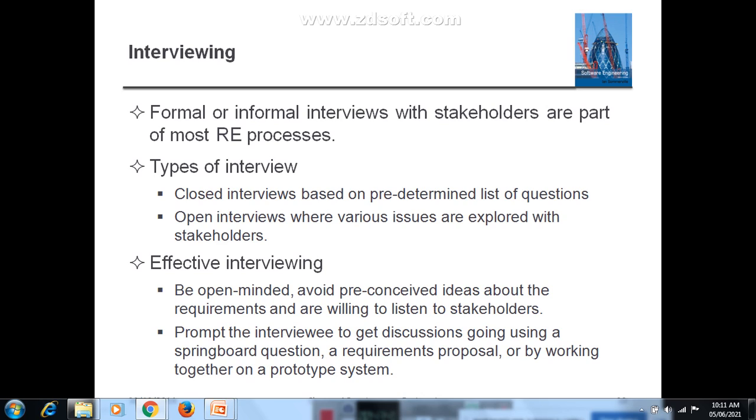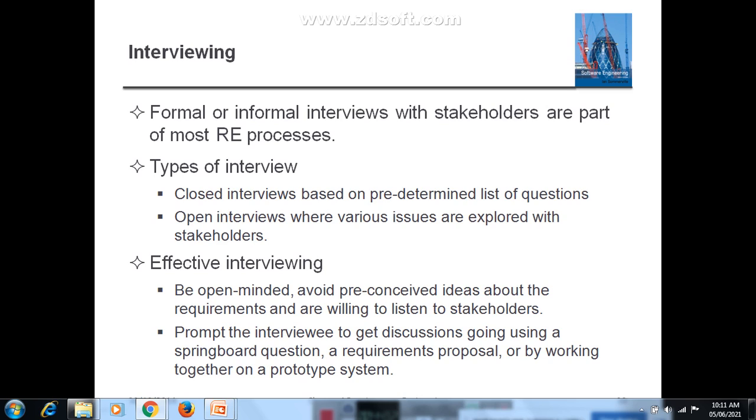You are just showing how that particular system is going to work by doing some models. That is what is called a prototype system. So they are going to work together to provide a prototype system for the system you are developing. Clear? These are some characteristics that should be there whenever you call it effective interviewing.